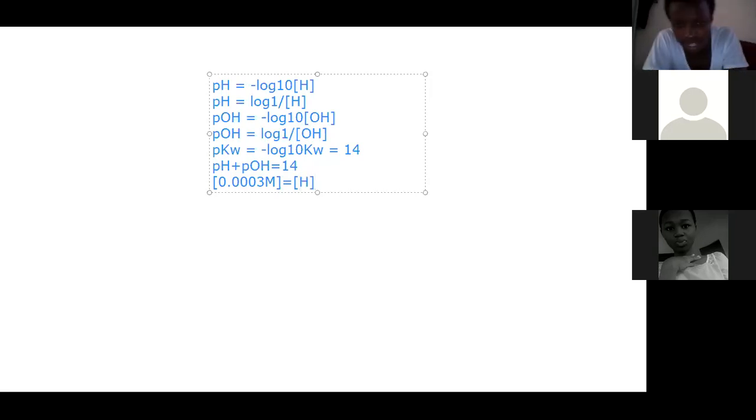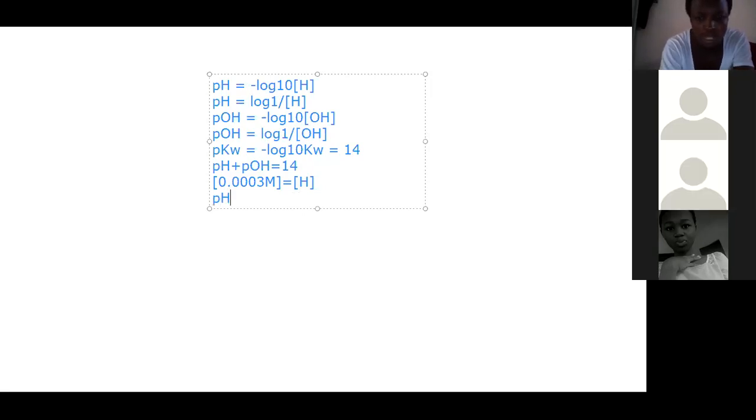So there's a concentration we're given, and the question says we should find the pH of the aqueous solution. We already know the formula for pH: pH is equal to the negative log of H plus.